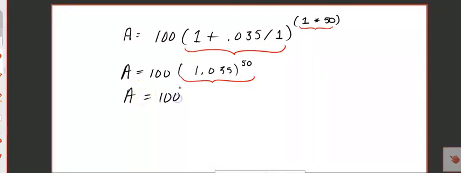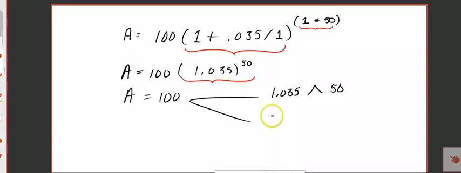Well, depending on your calculator, here's a couple of ways it could go. You could type in 1.035, and if you have the caret key, that upside down V, use the caret key and type in 50. Or if you have the Y to the X button or the X to the Y, you would type in 1.035, hit the y to the x, or x to the y.